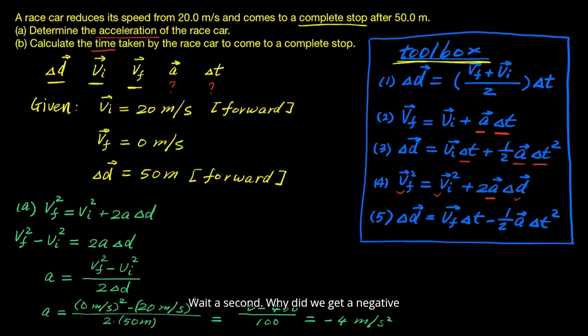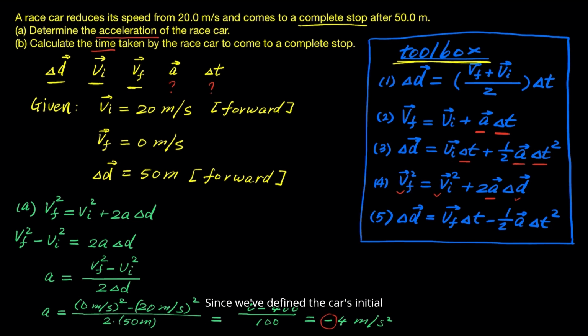Wait a second, why did we get a negative number here? Don't panic, there's nothing wrong here. Remember, acceleration is a vector, which means it has both magnitude and direction. A negative sign here simply indicates that the direction of the acceleration is opposite to the car's direction of motion.